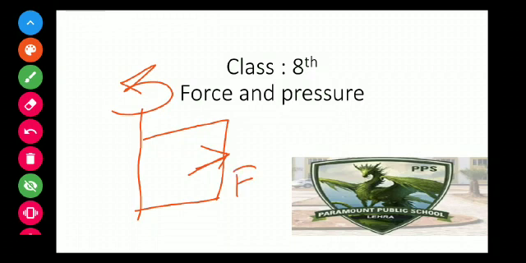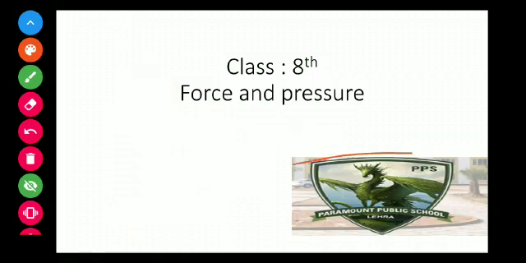What is the line of action of force? This is the line of action of force. What is the perpendicular distance between the line of action of force and the axis of rotation? To draw a perpendicular, this is your perpendicular distance between the line of action of force and the axis of rotation.